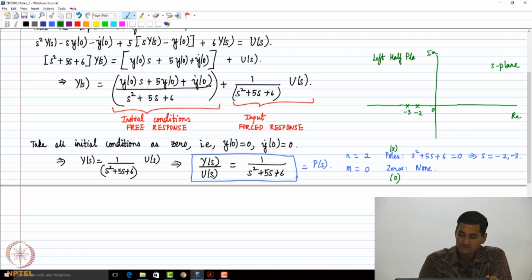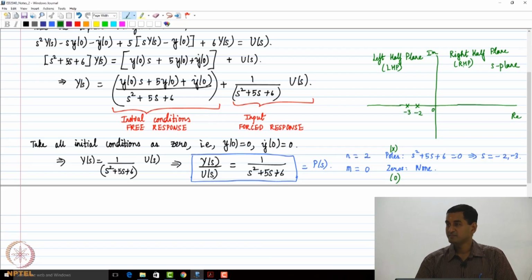Whatever is to the left is called the left half plane, abbreviated as LHP, and whatever is to the right is called the right half plane, abbreviated as RHP, as far as the complex plane is concerned.